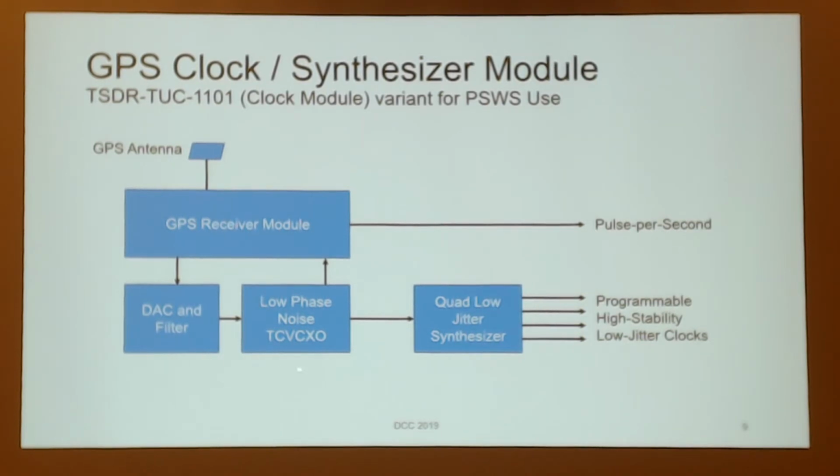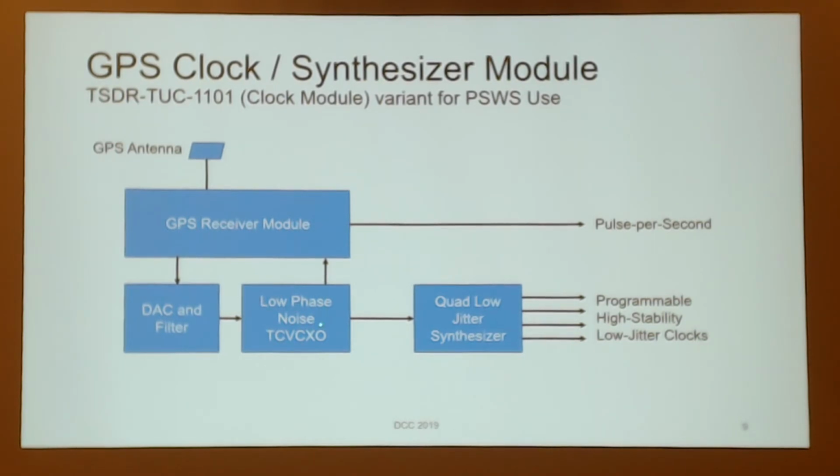So this is in actuality a very slow update process. Interestingly, this GPS receiver module has all of this internal, but they actually break out an interface to a commercially available DAC, so they've anticipated folks are going to want to do this with that chip.